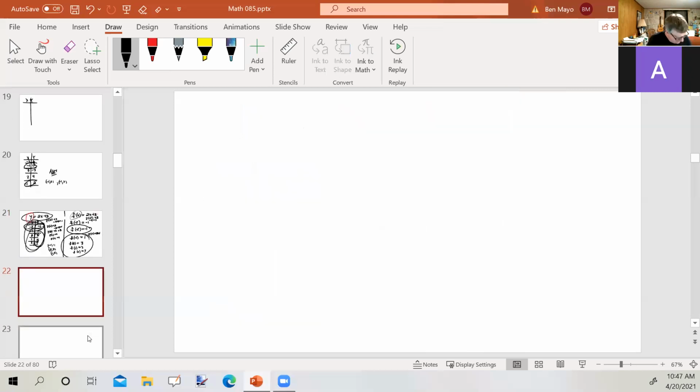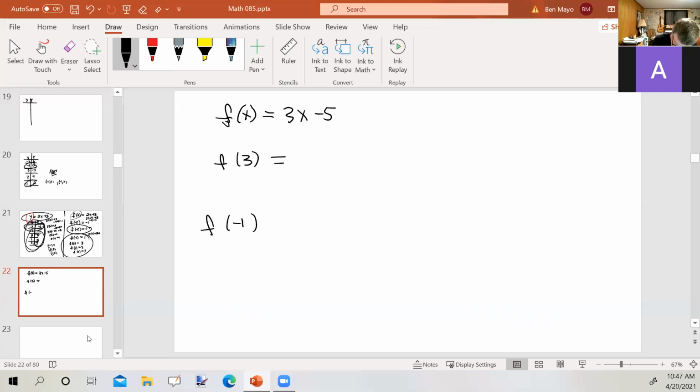Okay. Here we have a function, f of x equals 3x minus 5. We are to find f of 3 and f of -1.